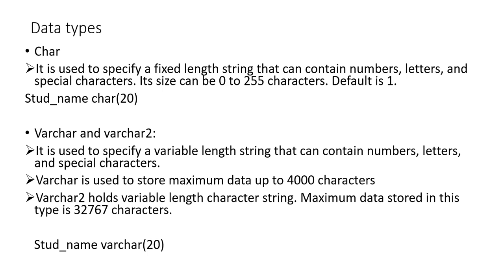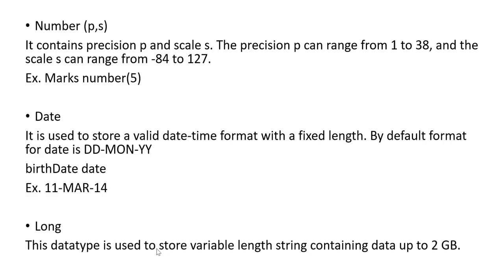Varchar2 is used to store up to 4000 characters, and varchar holds variable length characters, and the maximum data we can store while using this data type is 32,767 characters. Here you can also see the example. This is the student name, the column name. After the column name you need to specify the data type. So the data type is varchar and the size is 20.